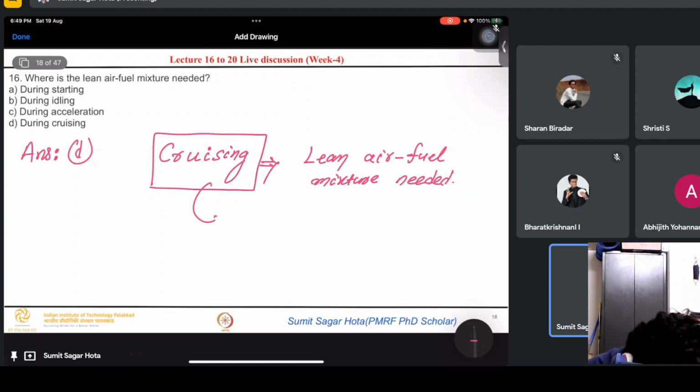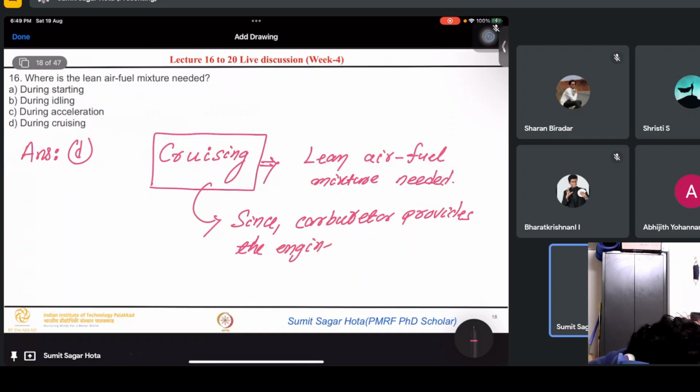Why? Since the carburetor controls the fuel supply, at the lean condition the carburetor gives you the best efficiency, or best fuel economy, whatever you call it.